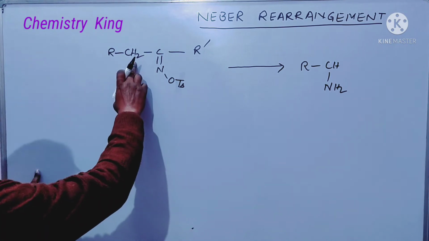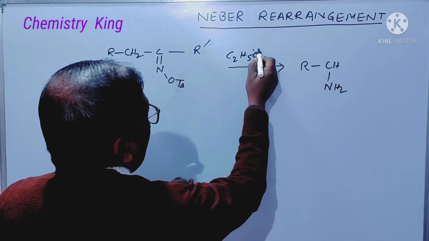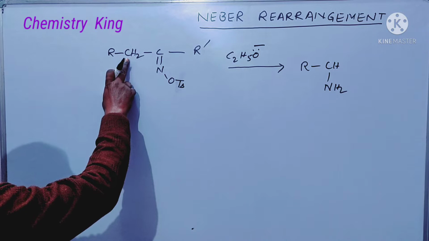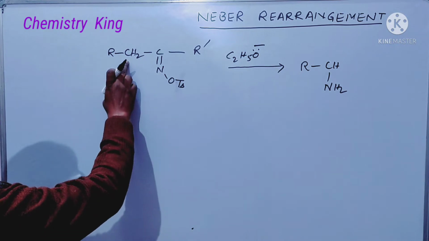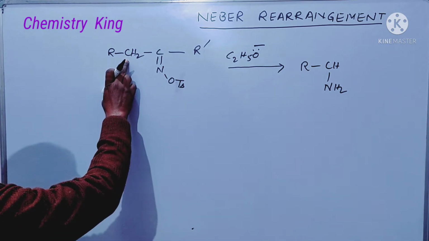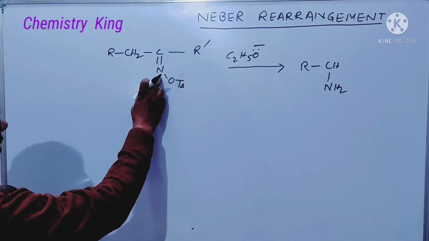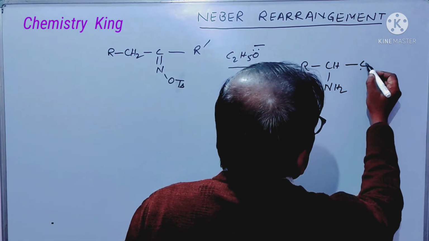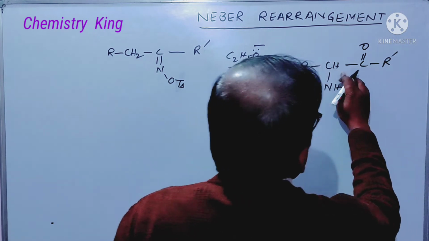First of all, this hydrogen is abstracted by the base, ethoxide ion, and this carbon becomes a carbanion. Then this nitrogen becomes an amino group and it is rearranged to here. The amino group will come here and double bond N is replaced by double bond O, C double bond O, R dash.